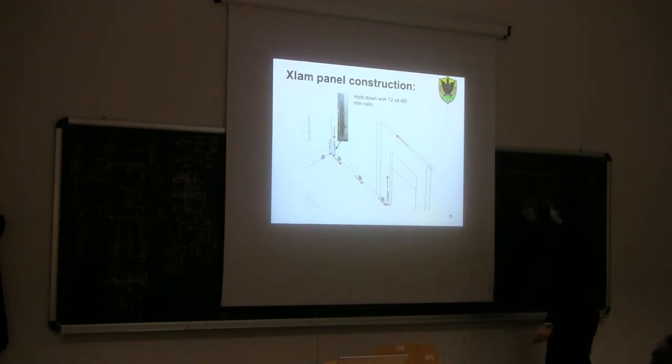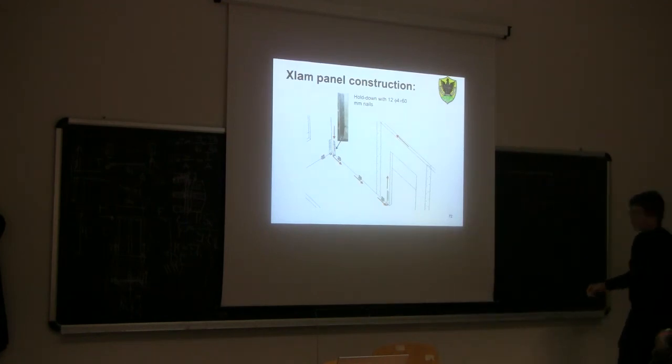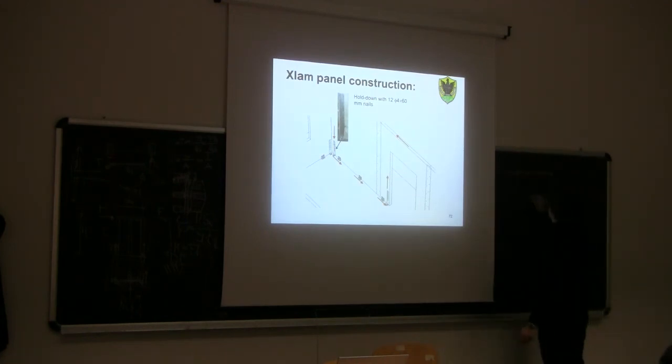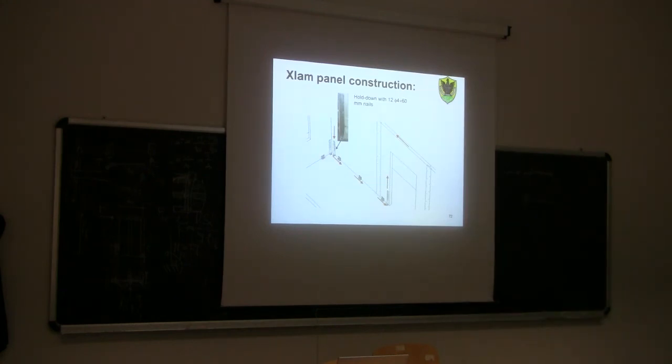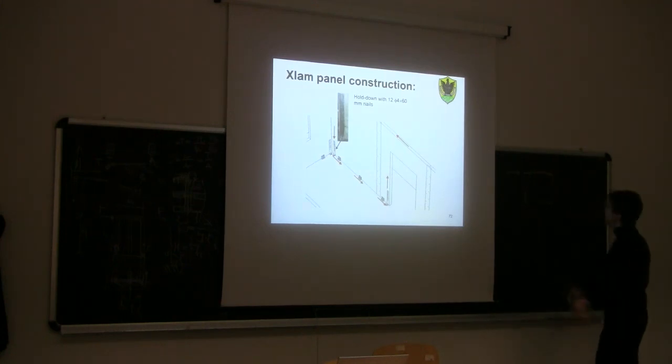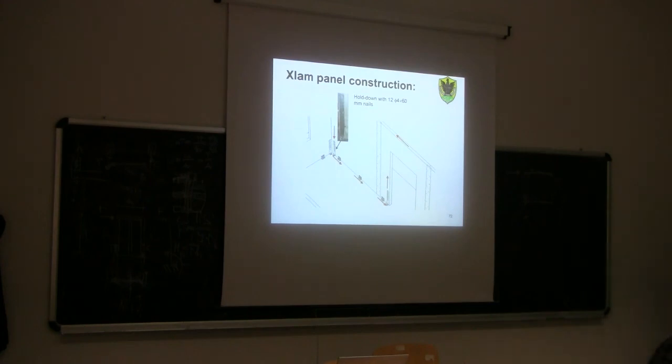We apply a horizontal force here. Due to this force, the panel may rock in this way. And so here we need a hold down to keep the panel down, to resist these tensile forces due to uplifting and to the rotation caused by this horizontal force.